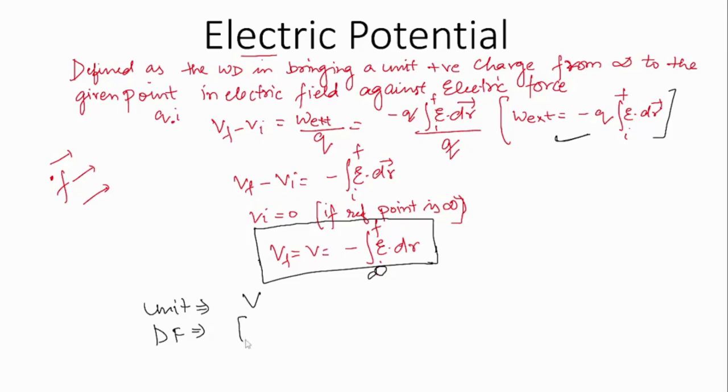So it will be M L squared T to the power minus 3 A to the power minus 1. This will be the dimensional formula of electric potential. So these were the basic things.